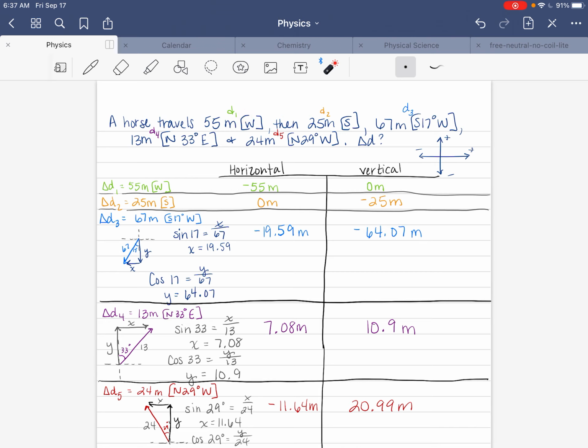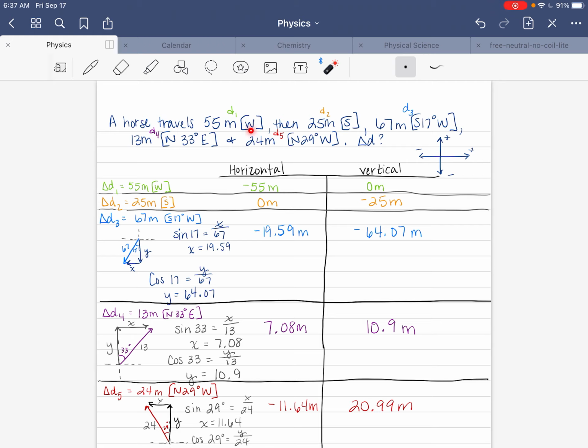I'm going to make a chart, which I did here. I have my horizontal aspects and my vertical aspects, and then over here will be where I show all of my work. I also set up my compass so that I know that the eastern and northern directions are positive, whereas western and southern are negative.